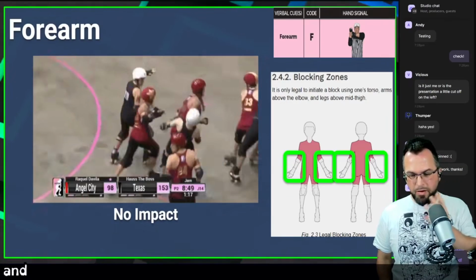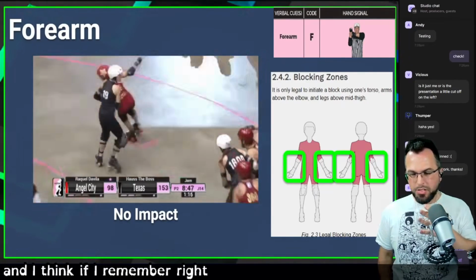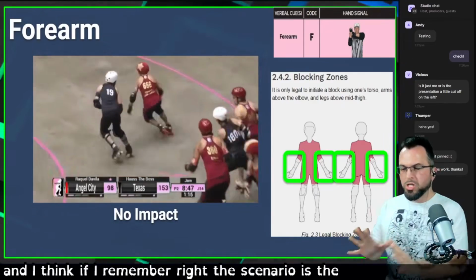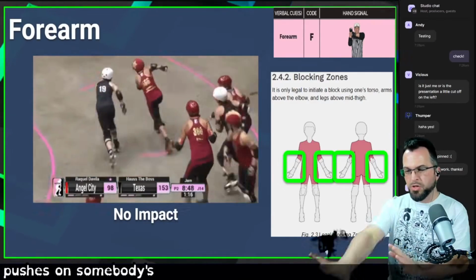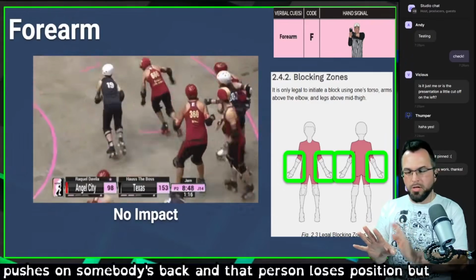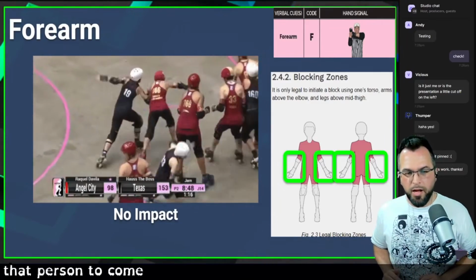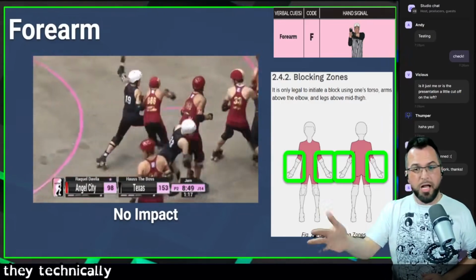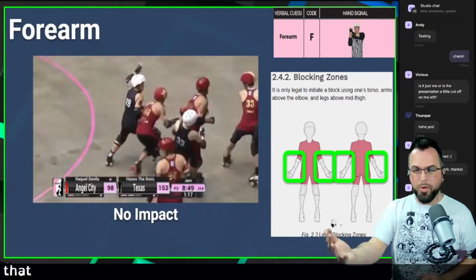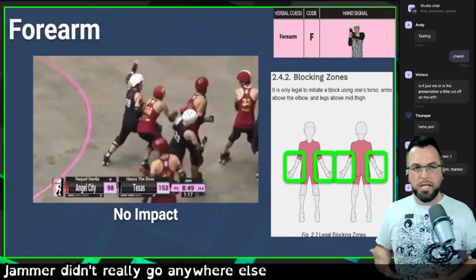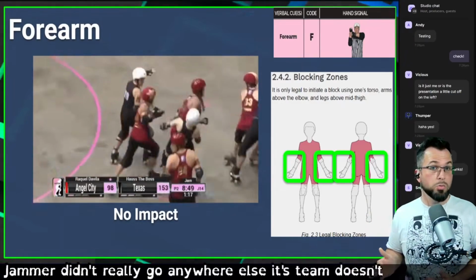If I remember right, the scenario is the jammer pushes on somebody's back and that person loses position, but the jammer never gains anything from it, and they allow that person to come back. They technically moved that person out of the line and changed that team's setup, but because it didn't have overall impact, the jammer didn't really go anywhere else, it's deemed as no impact.